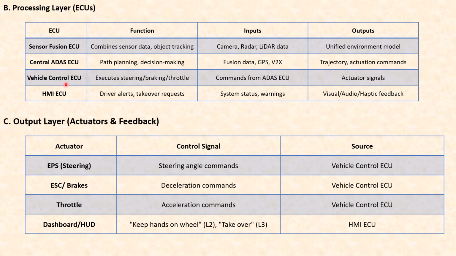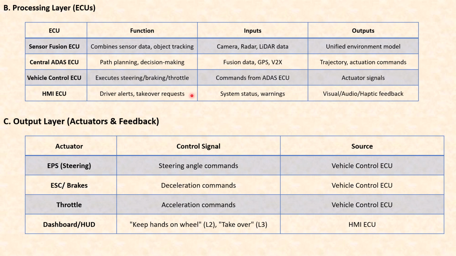Now coming to the vehicle control ECU, the function is to execute steering, braking and throttle, and the input is commands from the ADAS ECU and the output is actuator signals. Now coming to the HMI ECU, the human machine interface ECU, its responsibility is to alert the driver with a take over request.